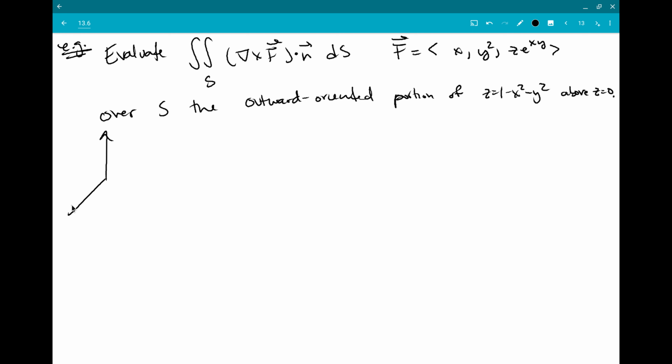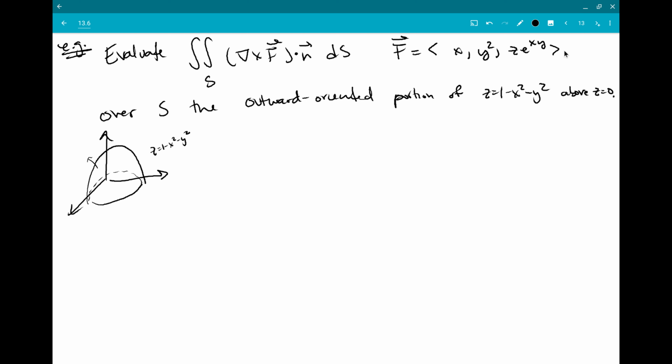So we're looking at z equals 1 minus x squared minus y squared. That's our good friend, the bowl. It's oriented outwards, and we're computing the flux of the curl of f over this surface.